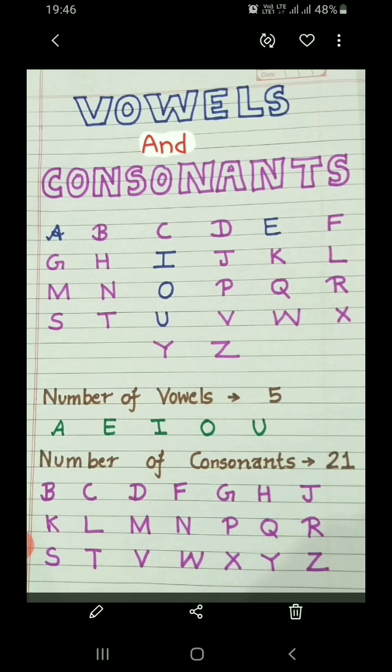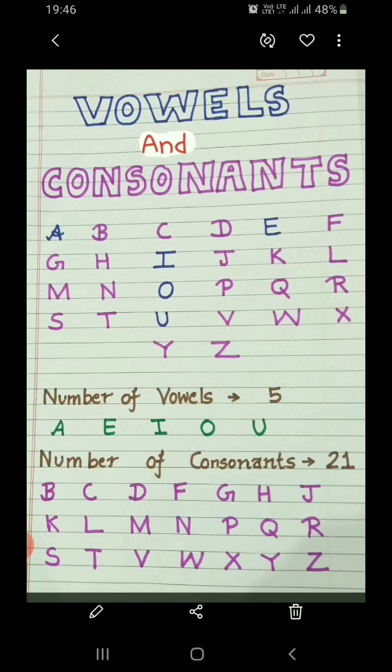See, the word vowels is written in blue color and consonants in pink color. So when we read the alphabet, we come to know that the blue color letters are vowels and the pink color letters are consonants.